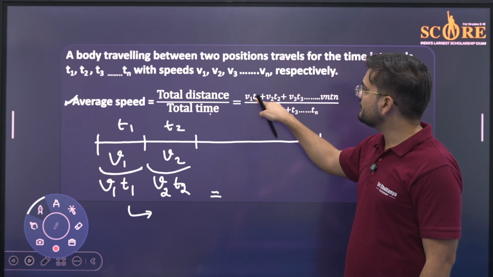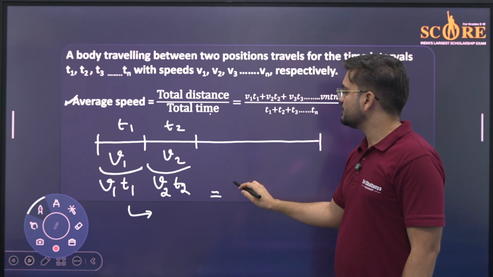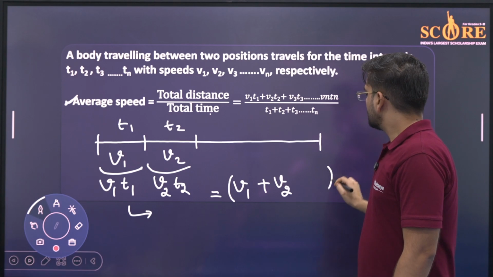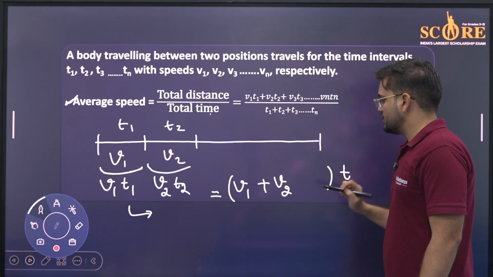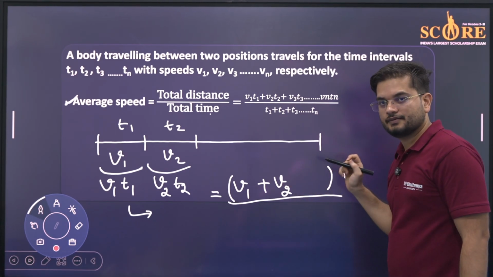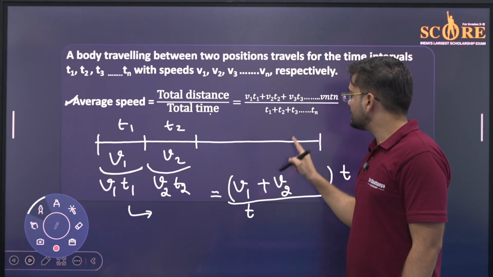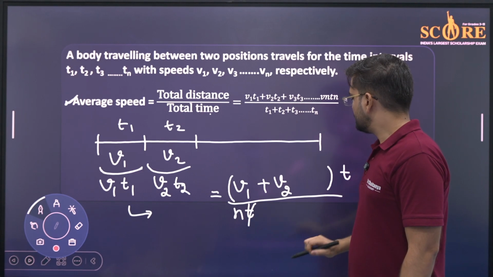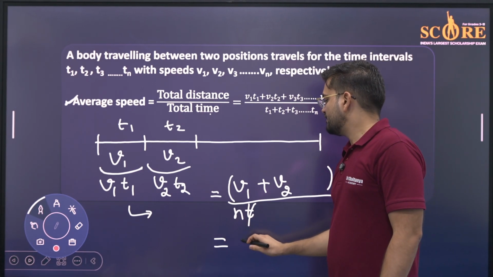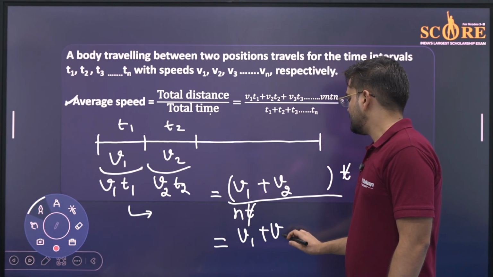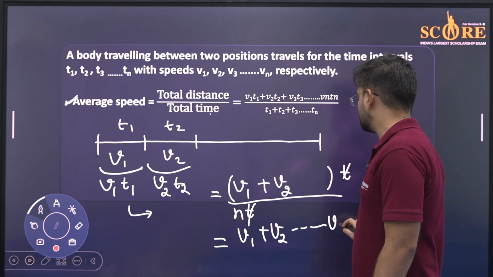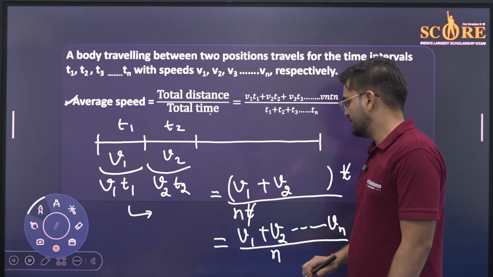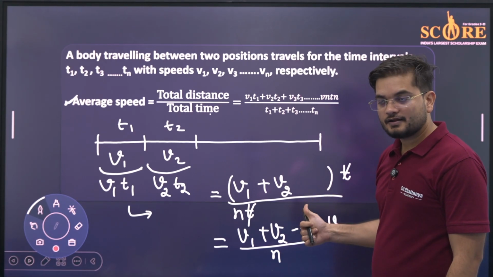Average speed will be v1 t plus v2 t plus v3 t, and so on. T is taken common outside, and in the denominator t plus t plus t, n times t. T cancels, then the average speed will be v1 plus v2 plus v3 plus vn divided by n. Clear?